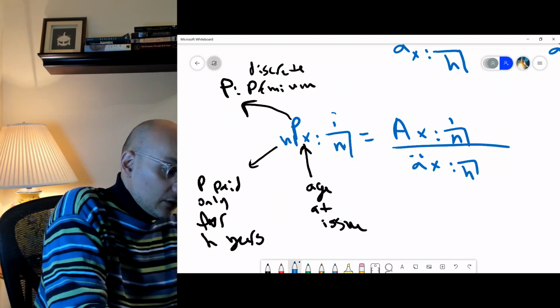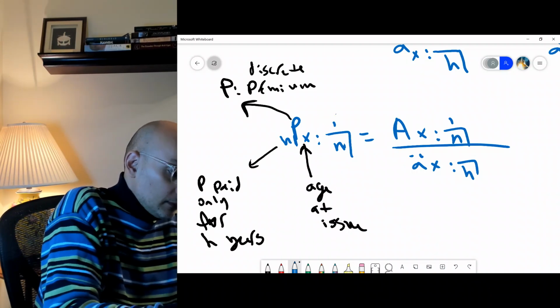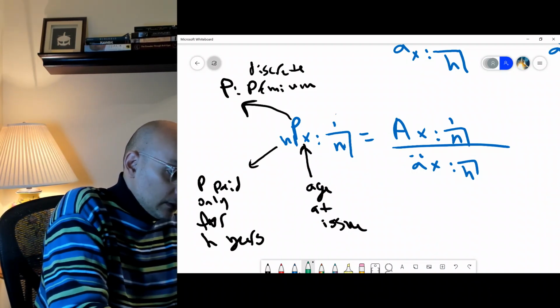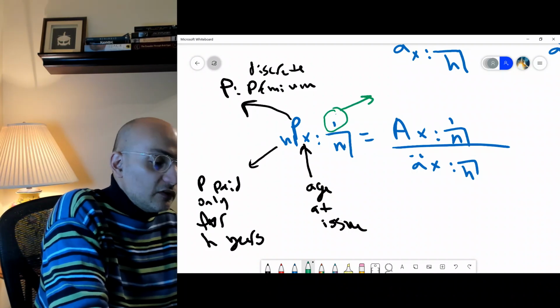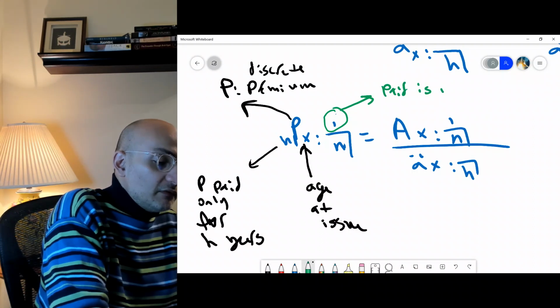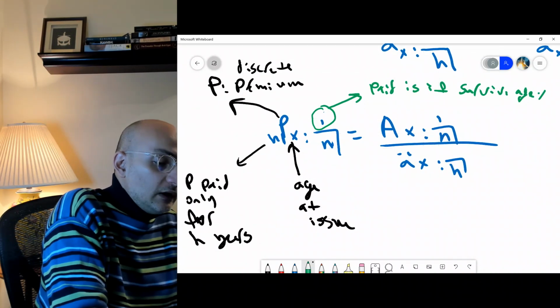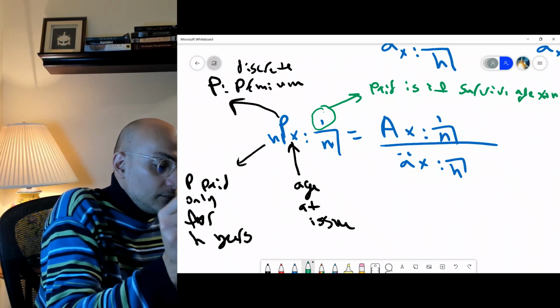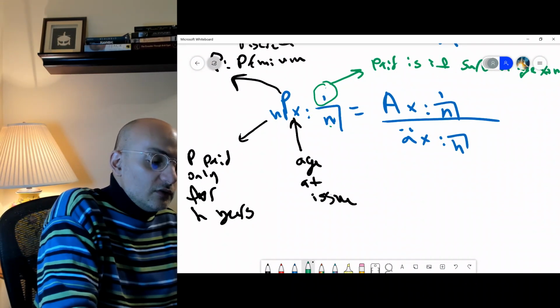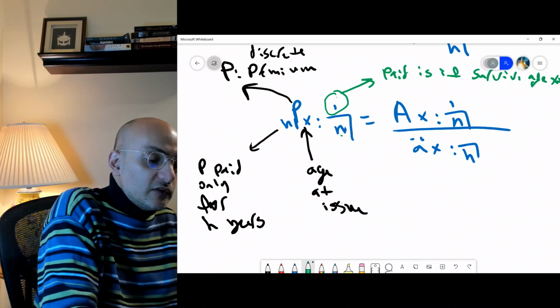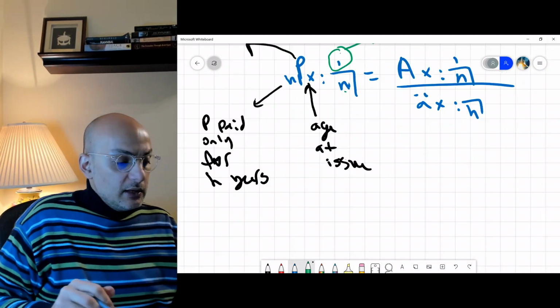The one here over N is the pure endowment, paid if survive to age X plus N, right? N is the period. So this is how we should be careful, and everything is discrete because we can see there is no bar anywhere. Let's take a few examples here.